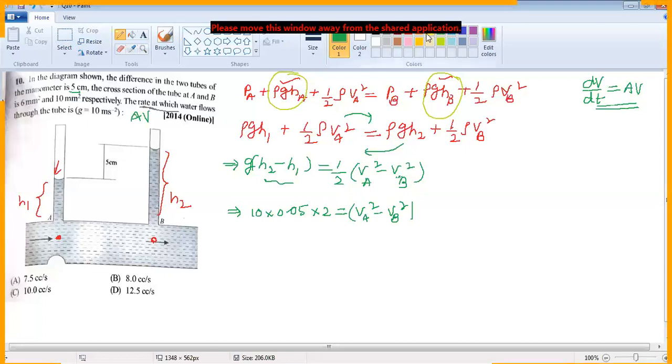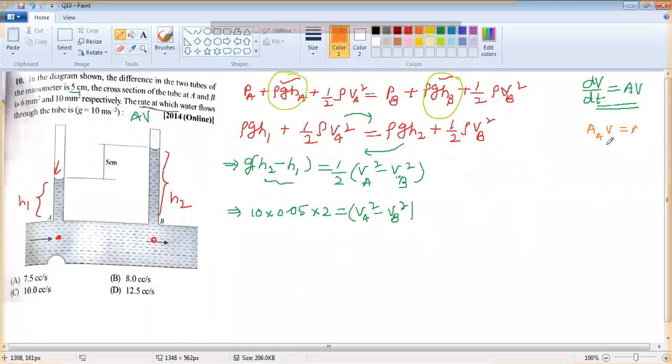As per the question, we require the rate of water flow. That means area at A, velocity at B. Otherwise, area at A, speed of the fluid at A. Otherwise, area at B, speed of the fluid at B. You can solve anyway.